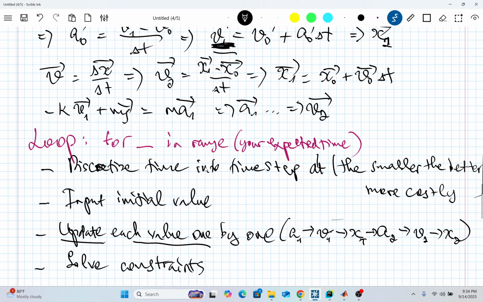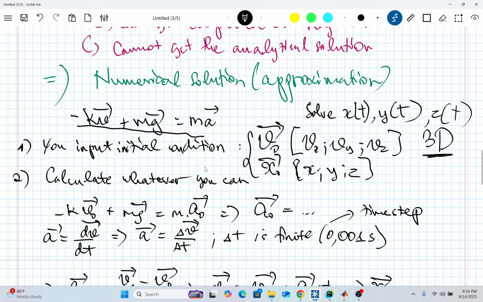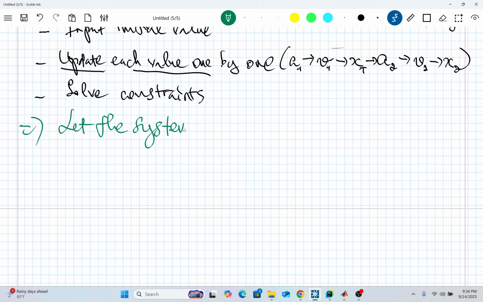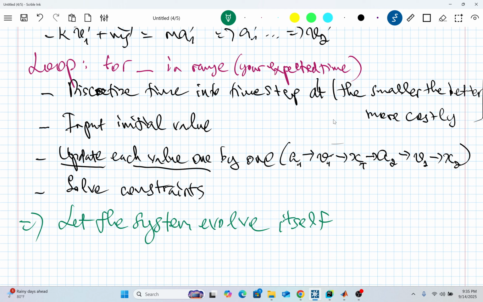That's the basic concept. You will always have to discretize a function in order to solve it on your computer, and after you discretize it, you input your initial values, and you let the system evolve itself. You don't have to do any math anymore. You just have to code a loop and press enter, and the computer will loop over this loop forever.